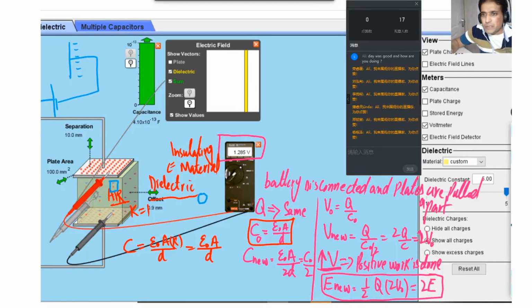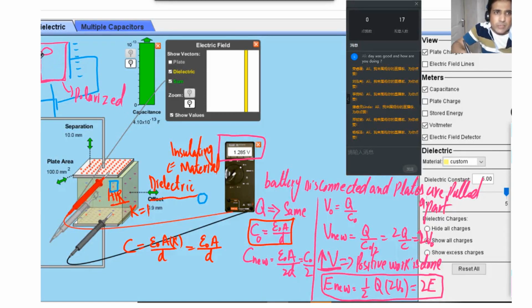Now when we insert the dielectric, so let's say we insert this dielectric inside, this is insulating material. When we insert this inside, this material will be polarized. So what exactly does it mean? Just 1 minute, I will explain. When we insert this one, the atoms inside it will be polarized.